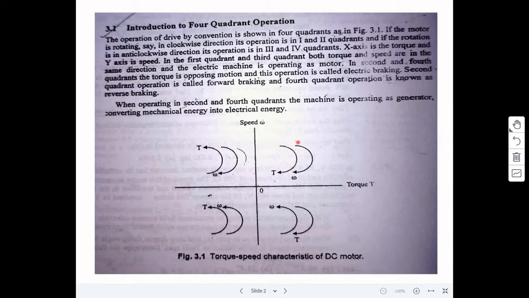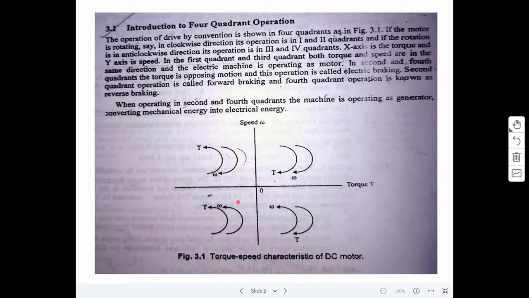In the second quadrant, torque is negative while speed is positive. That is, the speed is in clockwise direction and the torque is in anti-clockwise direction. This comes as the second quadrant operation.